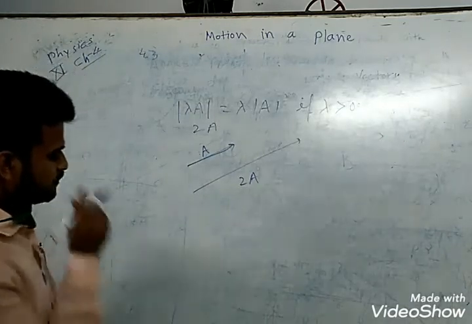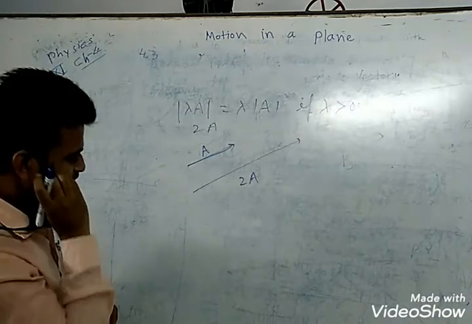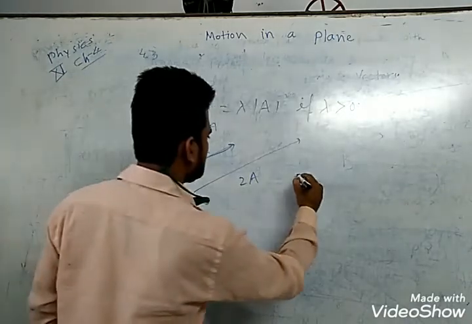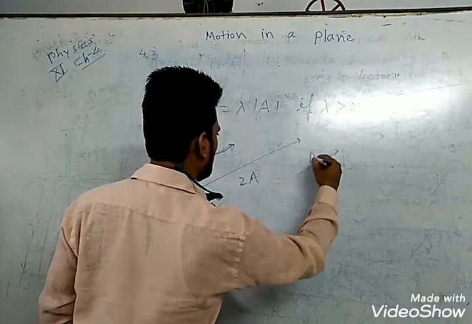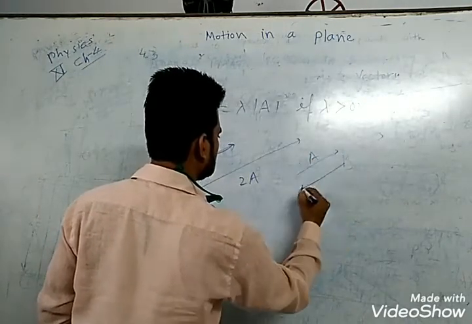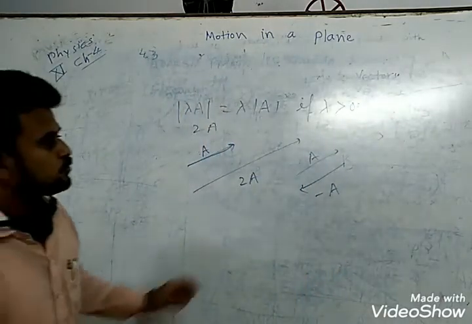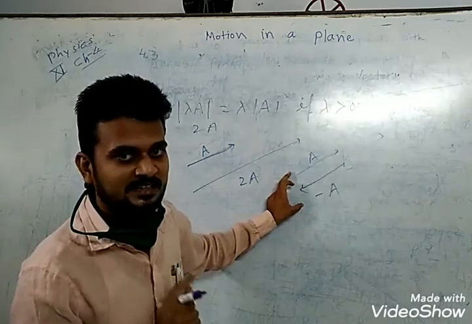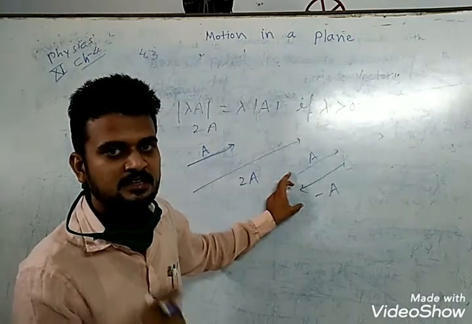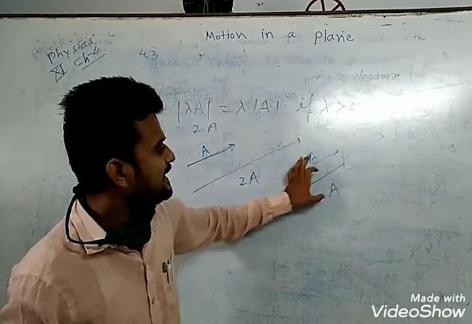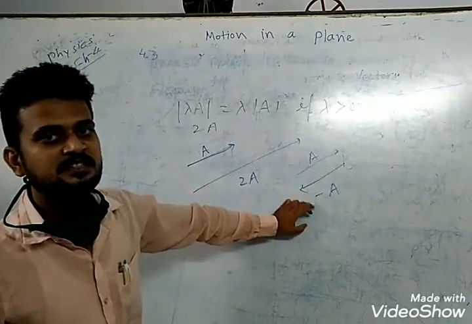Now we take a second example, positive and negative. The magnitude of vector A and minus A is the same, but the direction of minus A is opposite.